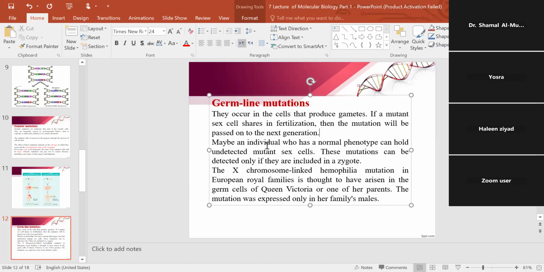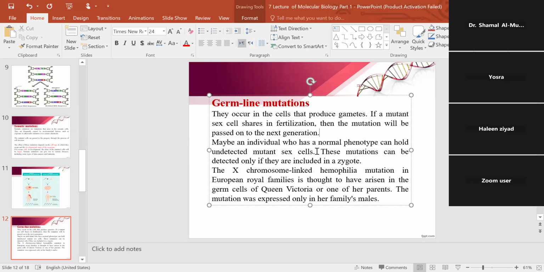Maybe an individual who has a normal phenotype can hold an undetected mutant sex cell. Here, I mean sometimes the person holds some mutation, but it does not appear or is not detected.